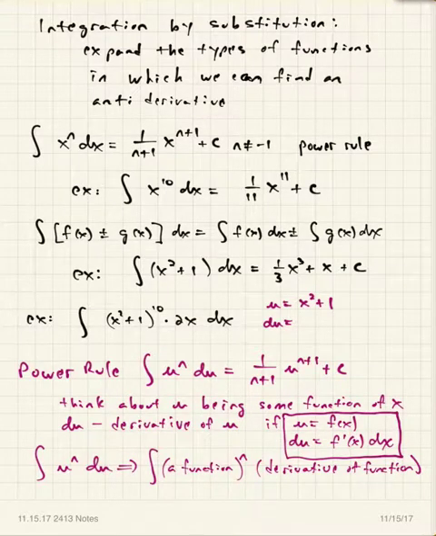So the derivative of x squared plus 1 is 2x, and it'd be 2x dx, right? And sure enough, that's exactly what I've got in my integral. And so this new way of thinking about the power rule, along with this definition for the differential, seems to be fitting things together here very nicely.